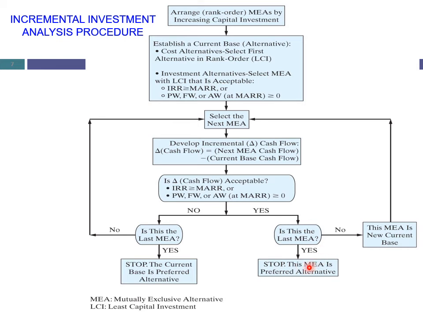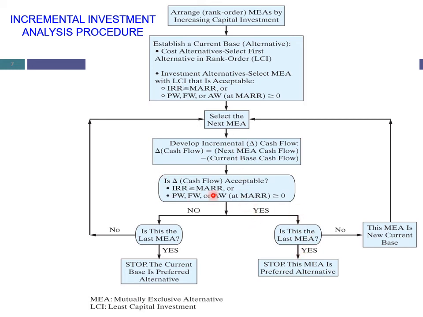The current base at the end when you stop is your preferred alternative. If it is not the last project, then what do we do? We select this alternative as our current base and we return to this step of the procedure. We select the next project alternative, develop the incremental cash flow, and repeat the same thing.